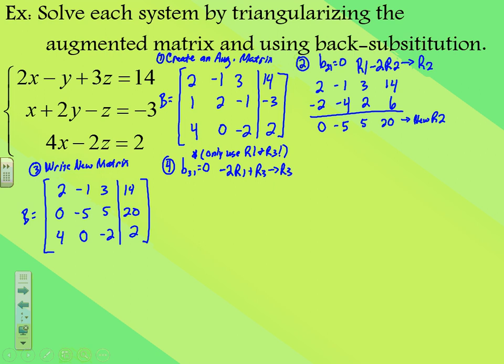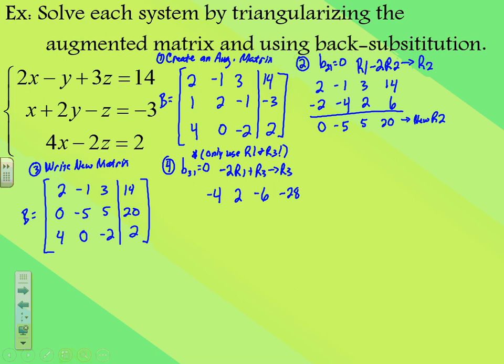So let's go ahead and do the row operation. I'm going to multiply negative 2 to everything in row 1. Negative 2 times a positive 2 gives me a negative 4. Negative 2 times negative 1 gives me a positive 2. Negative 2 times a positive 3 gives me a negative 6. And negative 2 times a positive 14 gives me a negative 28.